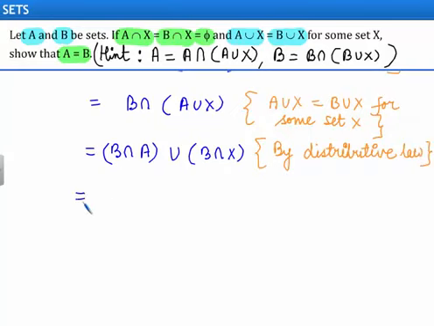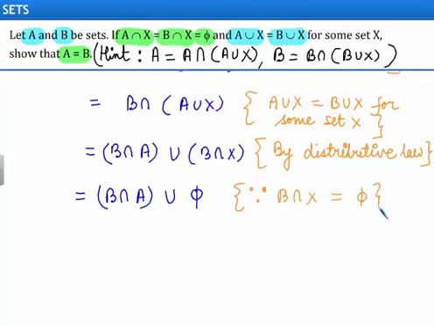And this is equal to B intersection A union the empty set, because it is already given in the question that A intersection X is equal to B intersection X is equal to the empty set. So we write the reason as since B intersection X is equal to the empty set.